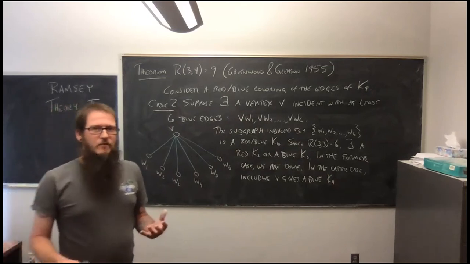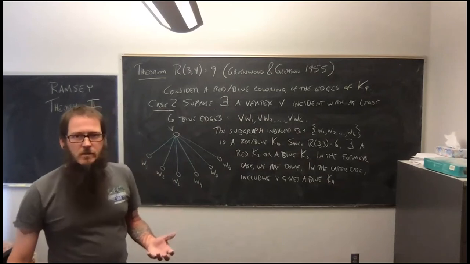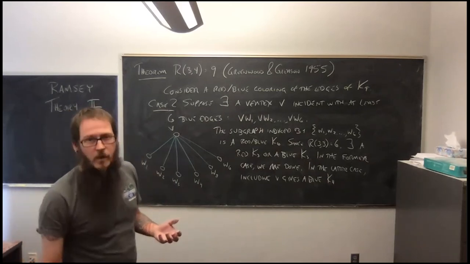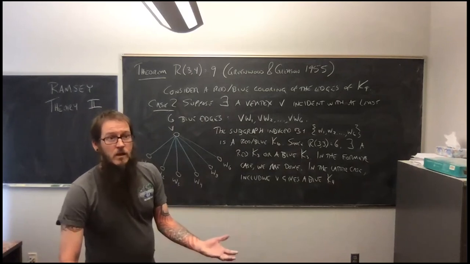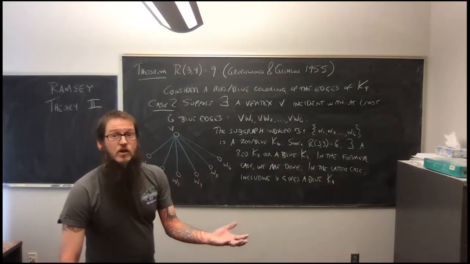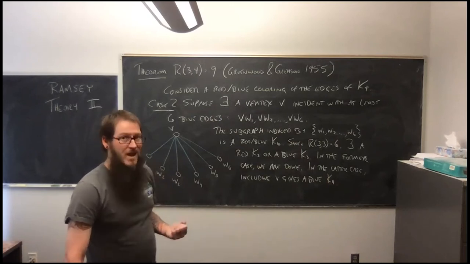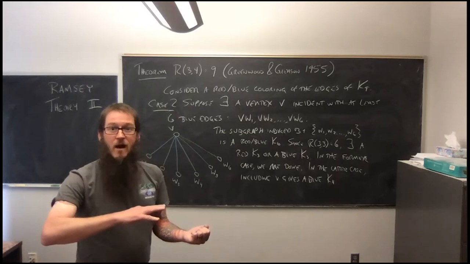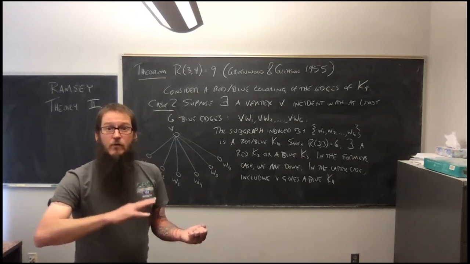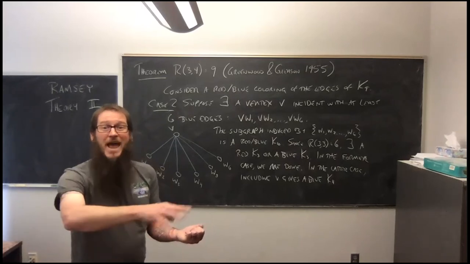So the last thing we have to do is think about what we've missed. We took care first of the case where some vertex was incident with at least 4 red edges. So if that doesn't occur, then each one is incident with at most 3 red edges. But keep in mind how many edges there are in a copy of K9. Every vertex is incident with exactly 8.